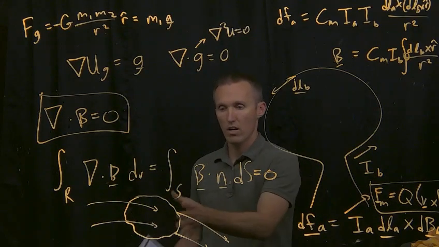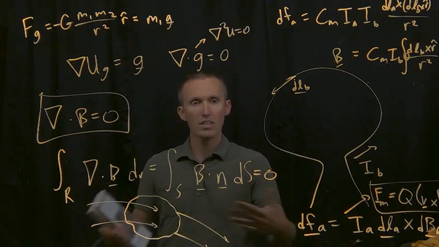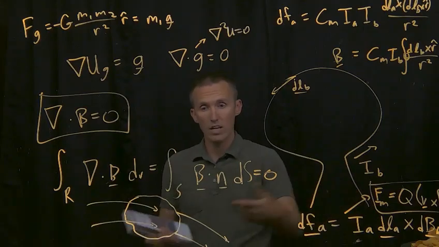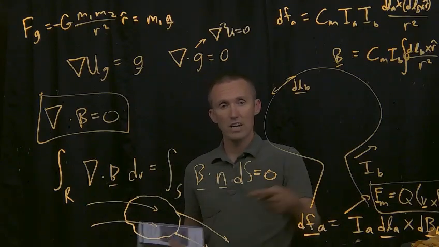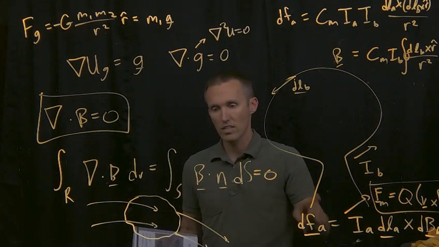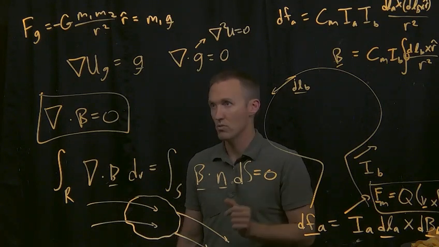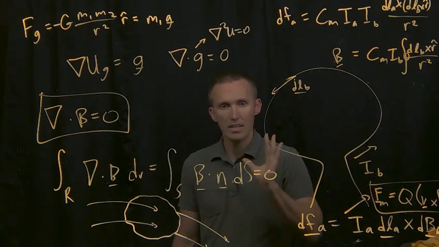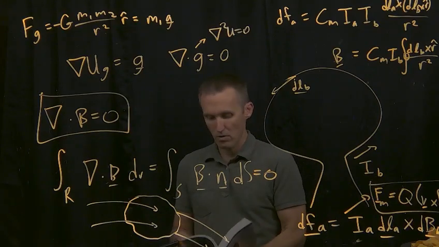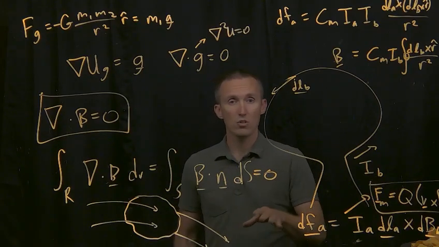You don't have a region where you've got field lines pointing in towards a magnetic source, like you do with gravity. With gravity, the field lines point towards the masses. You don't have that with magnetics. You have field lines that are going around the dipoles. Okay, hopefully that makes sense. We'll talk more about this in the next video when we talk about vector and scalar potentials and dipoles.